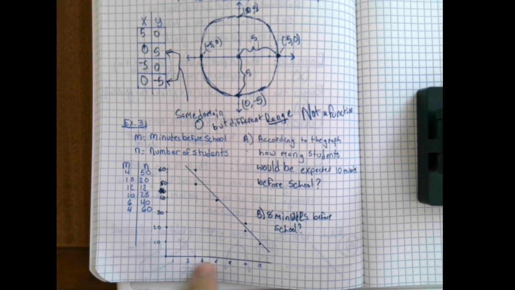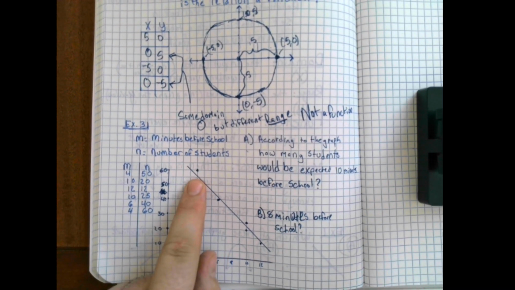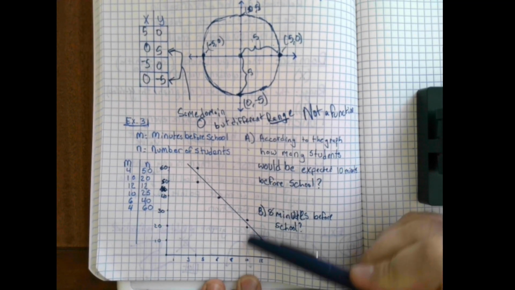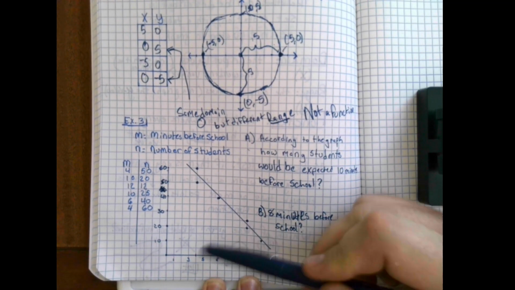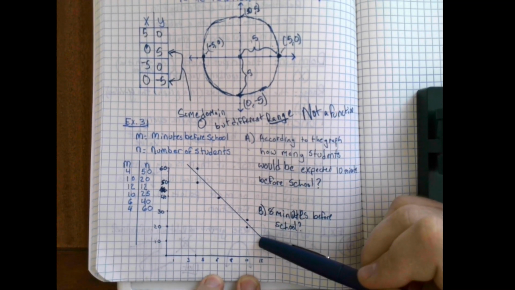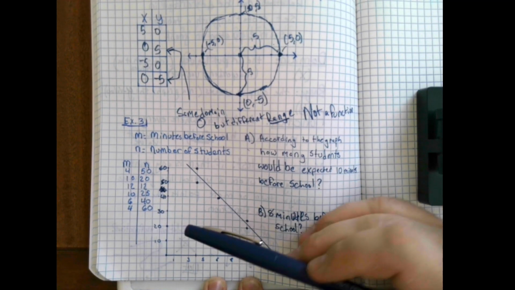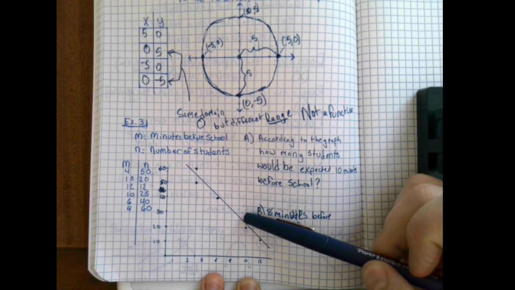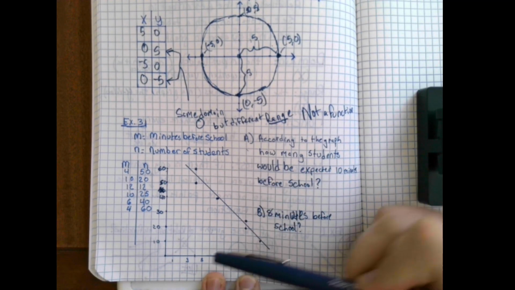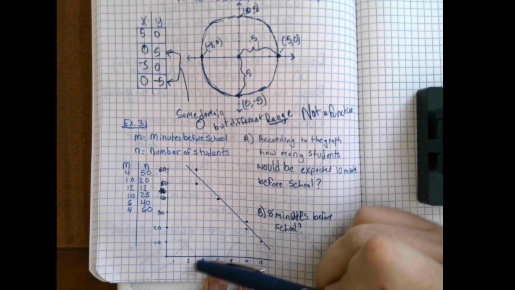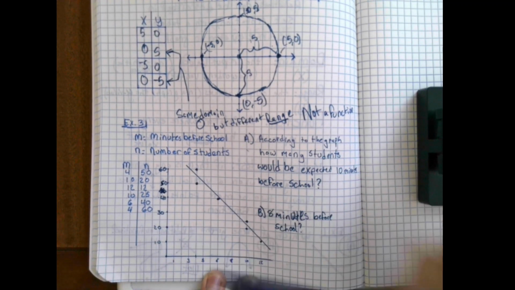Here we have 4 and 50. If there were 10 minutes before school, he found there were 20 students. If there were 12 minutes before school, he found there were 12 students. If there were 10 minutes before school, he found 25 students. If there were 6 minutes before school, he found 40 students. And if there were 4 minutes before school, he found 60 students.